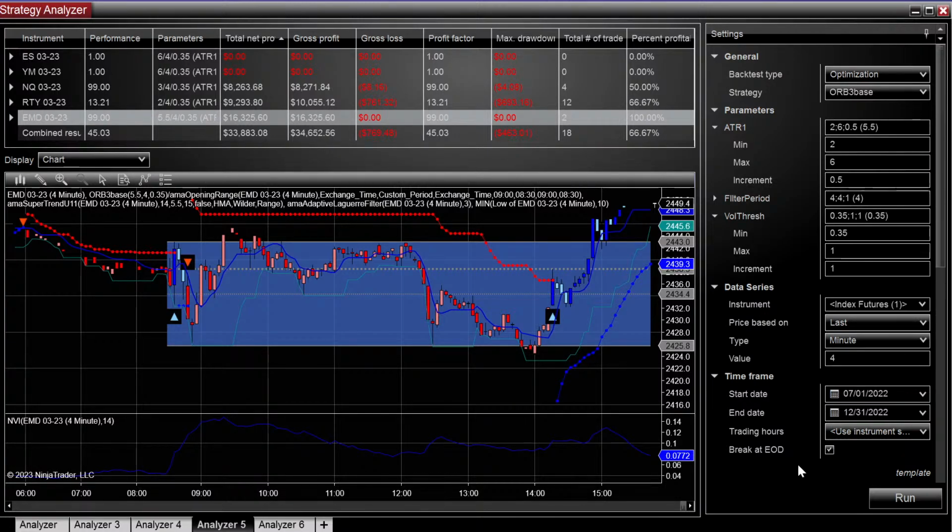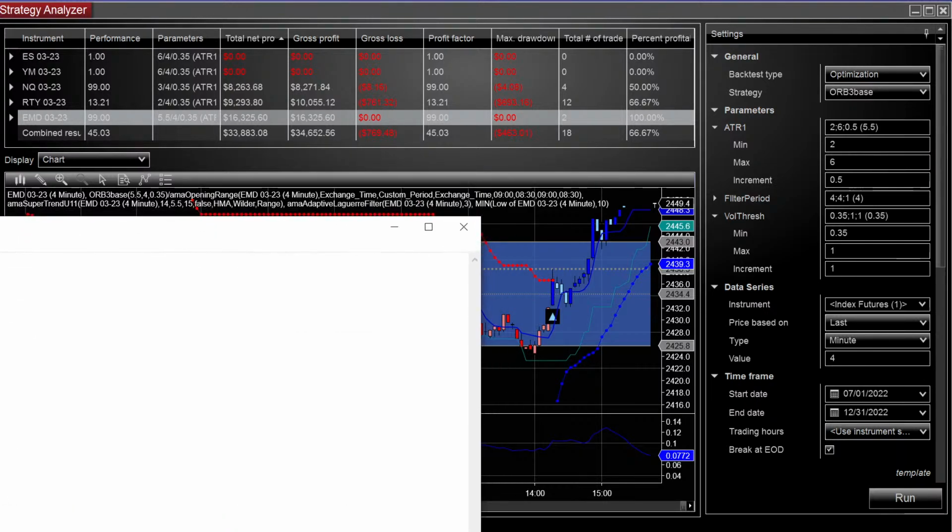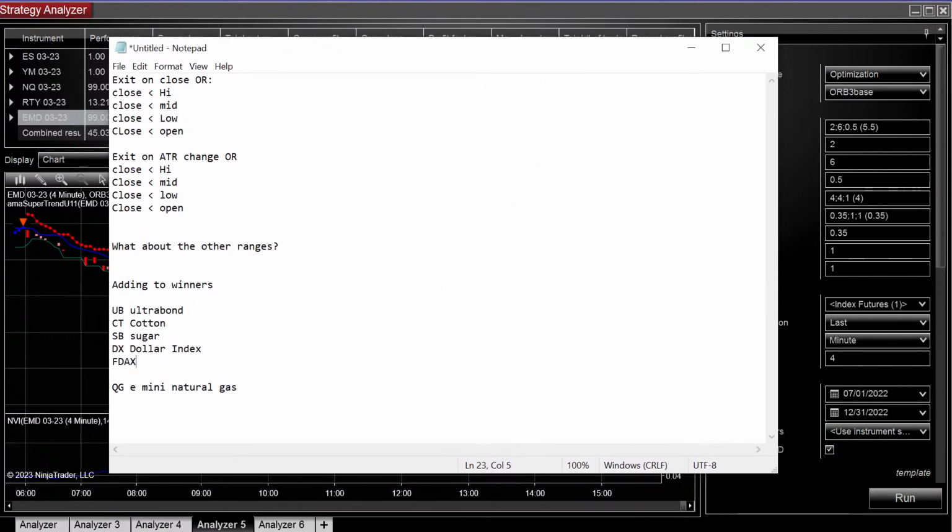Pretty much as simple as that. But we've just quantified it is all. So let me add to these notes and say, NVI is greater than 0.35, ATR 5.5.